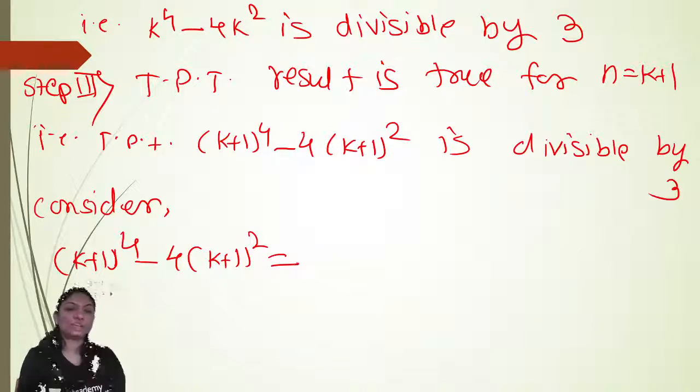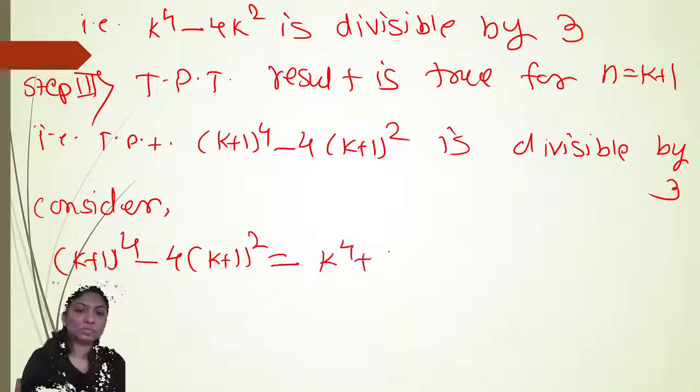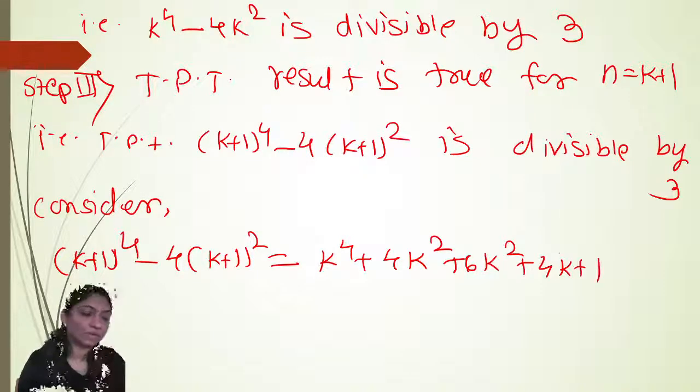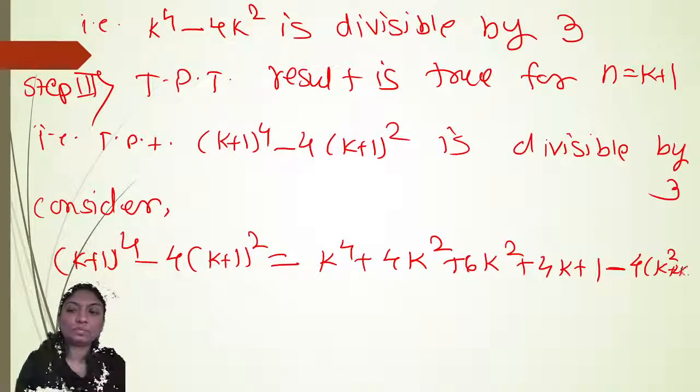It is equal to, now the binomial expansion of this is k raised to 4 plus 4k cube plus 6k square plus 4k plus 1, minus 4 into bracket k square plus 2k plus 1, right?